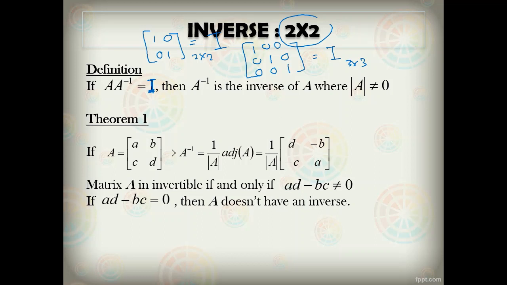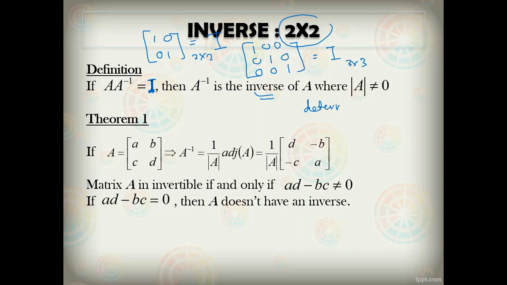Then A negative 1 is the inverse of A, where the determinant is not equal to 0. Inverse only exists whenever the determinant is not equal to 0.